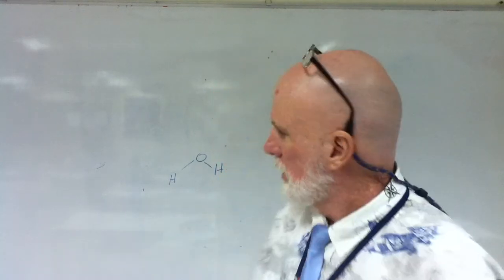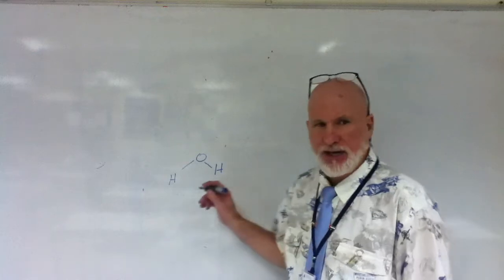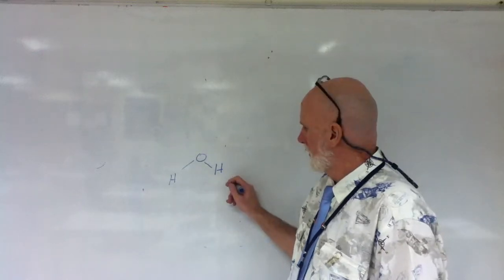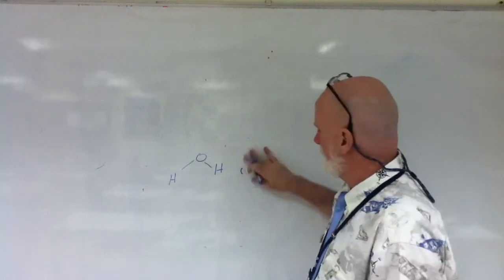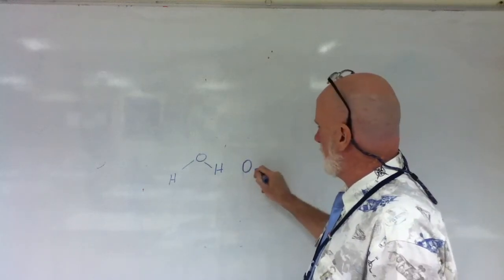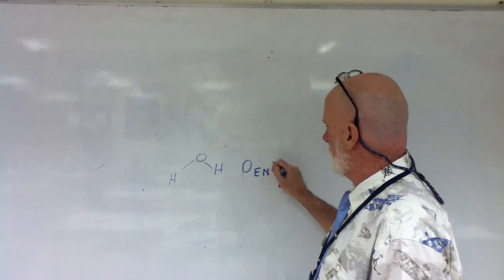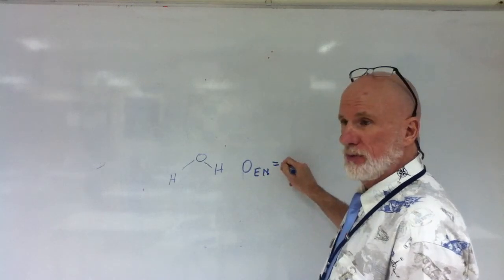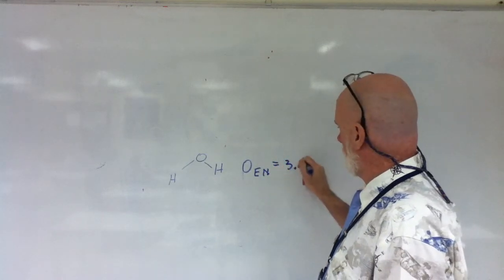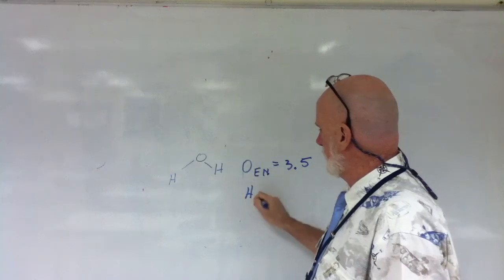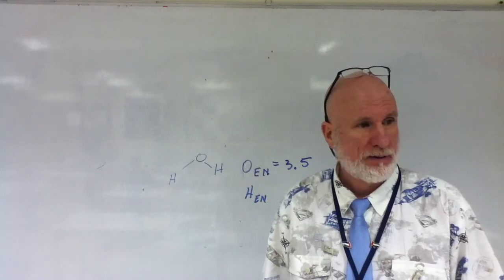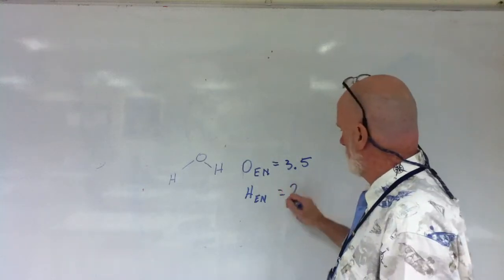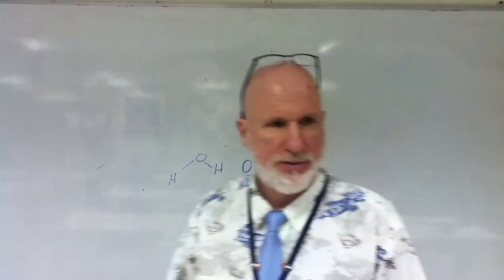What is the electronegativity of oxygen? It's 3.5, and hydrogen, 2.1. What's the difference?